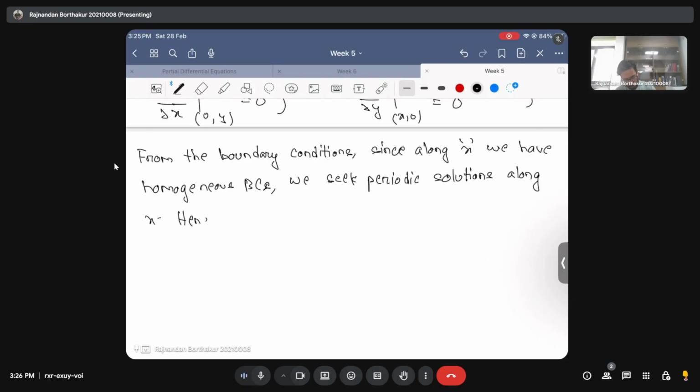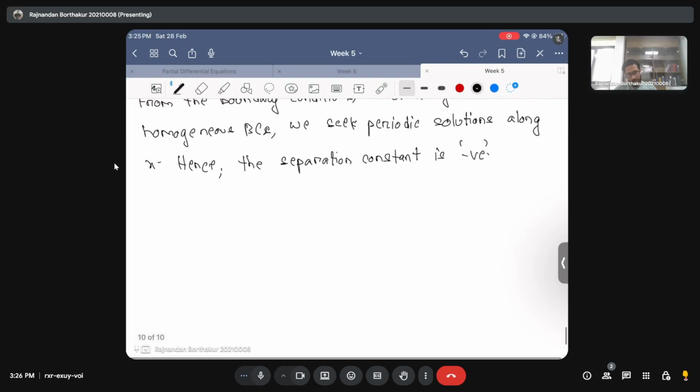Hence, the separation constant, which is minus lambda square, the sign of it is negative. Hence, the separation constant is negative. Okay.